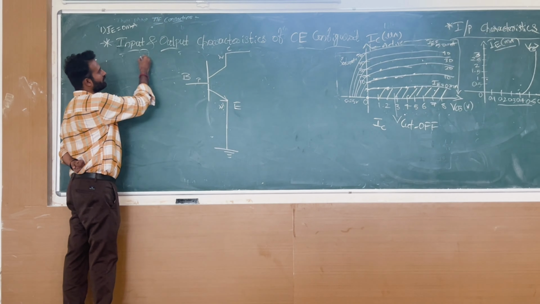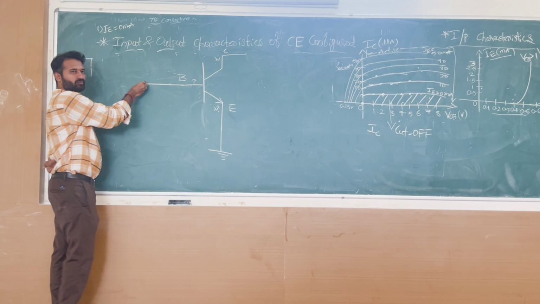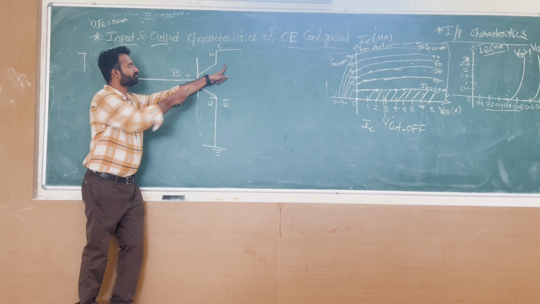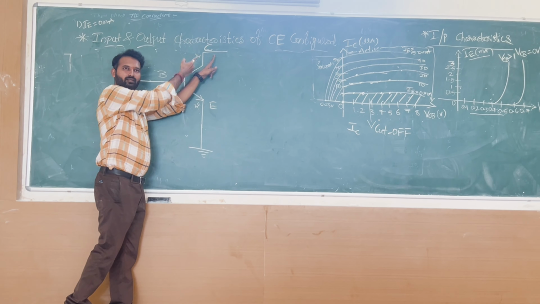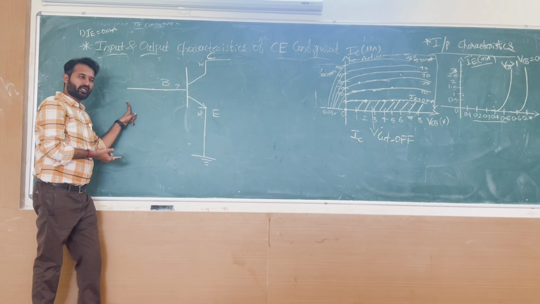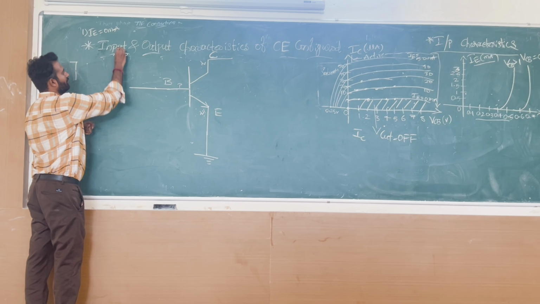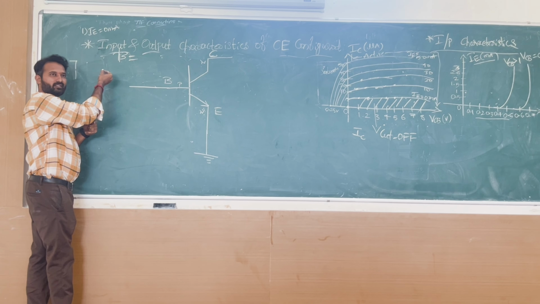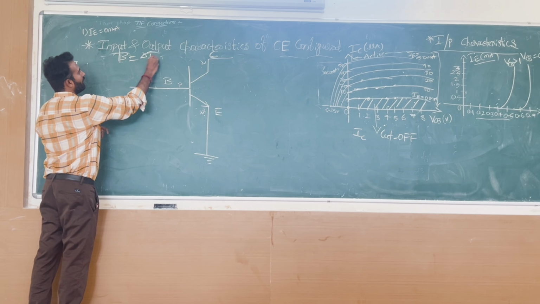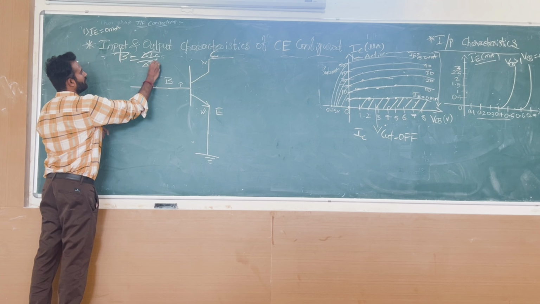Now I want to study input and output characteristics. This is my input. My collector is the output. This is my input terminal, my collector is the output terminal. In common emitter configuration, beta is equal to delta IC by delta IB.